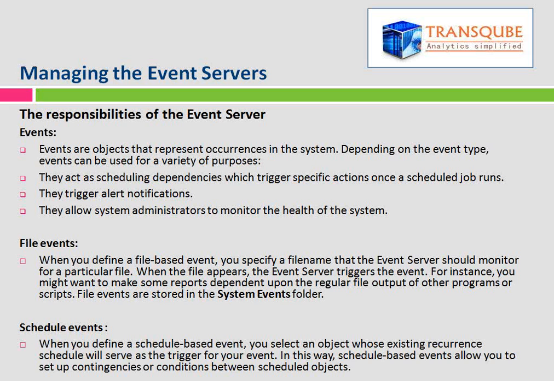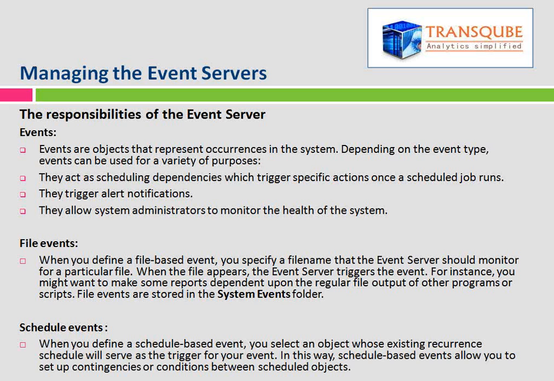Events in the business objects platform are typically used to work with scheduling an object. Although you schedule the report to run at 3 a.m., let's say, at the same time you want to make sure your other regular data load completes, which is from an ETL perspective.